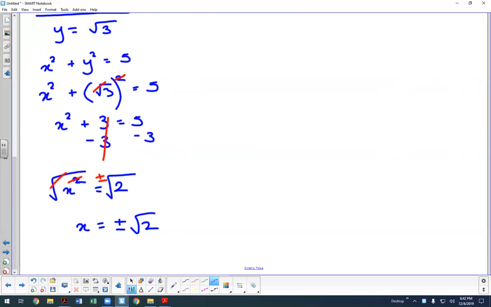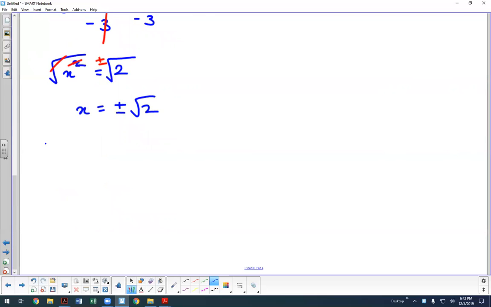So that's going to be 2 ordered pairs. I have positive square root of 2, and this was coming from the y value of positive square root of 3. So that's one ordered pair. And then the other one will be negative square root of 2 for the positive square root of 3. So from one value of y, we're getting 2 ordered pairs, 2 values of x.